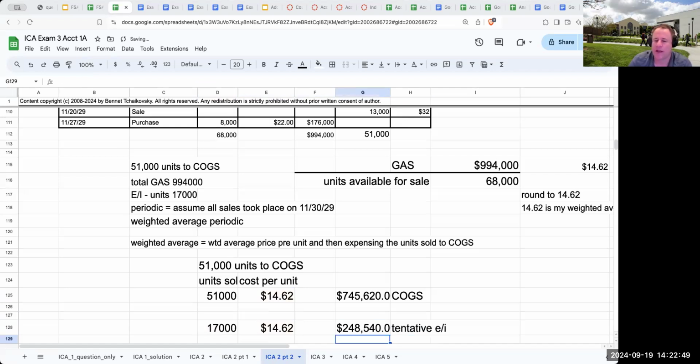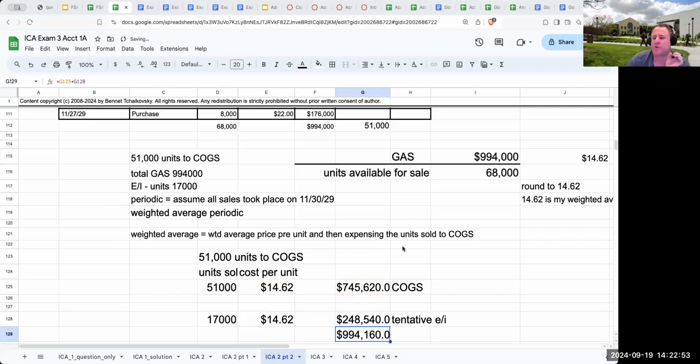The reason I have a problem is that if I add up these two amounts, they don't exactly equal my goods available for sale. What happened is that this is the true number, but that's cruel and unusual accounting punishment, so I decided to round it.